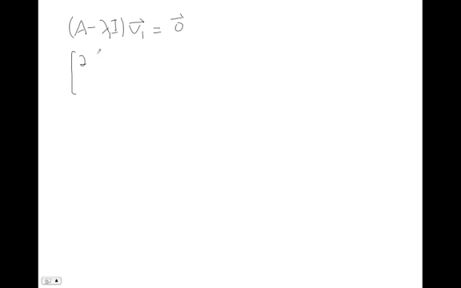We said in this case lambda 1 was 5. So let's keep with that. So 2 minus 5, and then 5 minus 5, 0, 0. And then let's break this vector v1 up into little scalar components. So we have a little component v1 and a little component v2. And I won't put the bar to show these aren't vectors. These are the scalars that go inside of here. And that's going to equal the 0 vector.